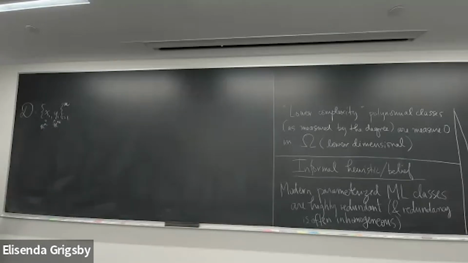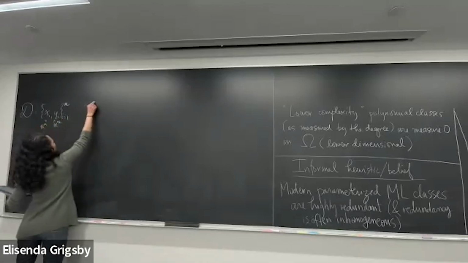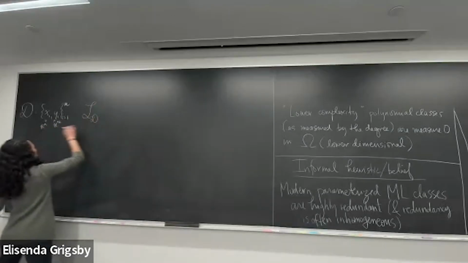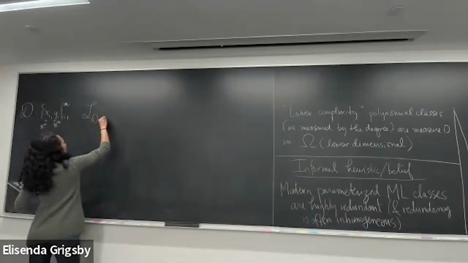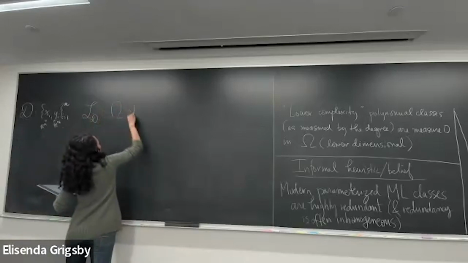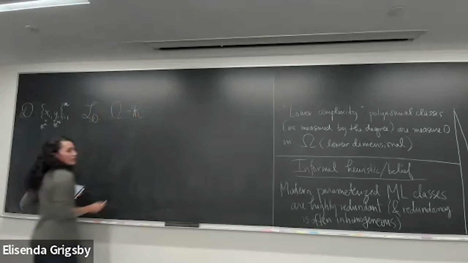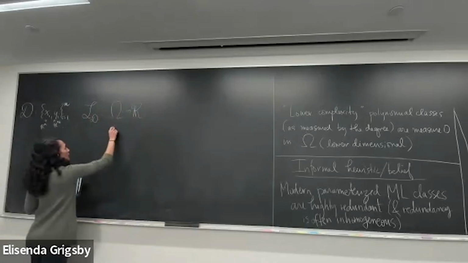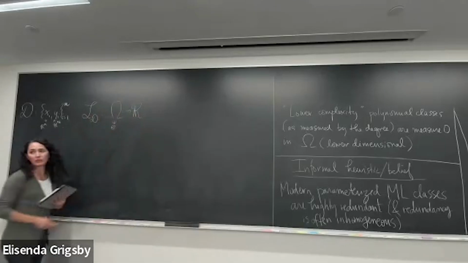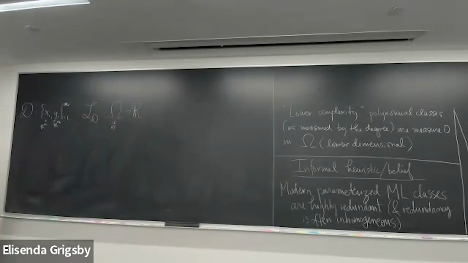And the way that you choose the right function for you is that you have an empirical loss function, which depends on this data. Empirical because it depends on the data. And this is now a map from your parameter space to R. And it gives each parameter, or rather the function associated to the parameter, a score. And the score is how well it did on this training set.